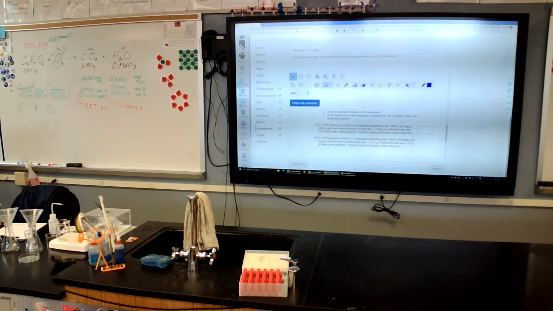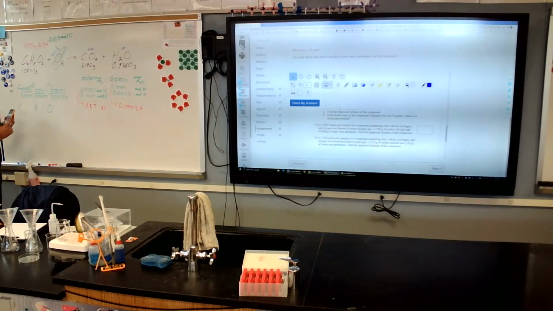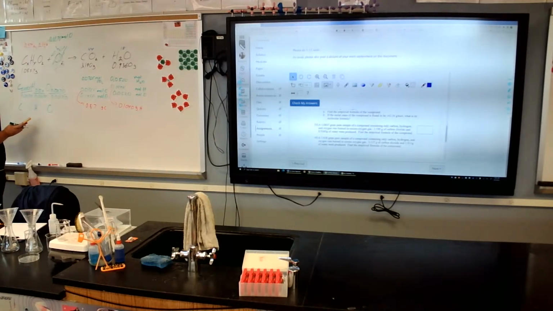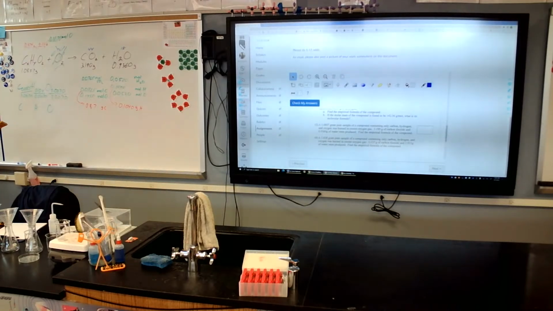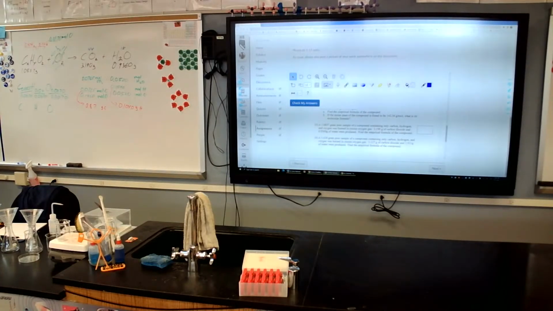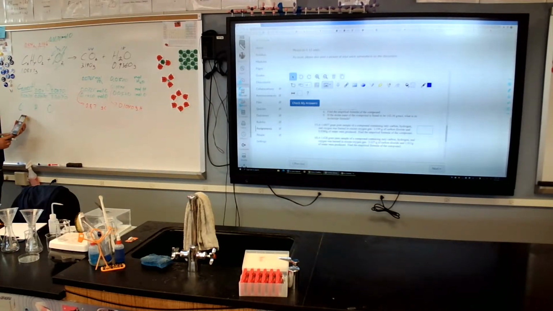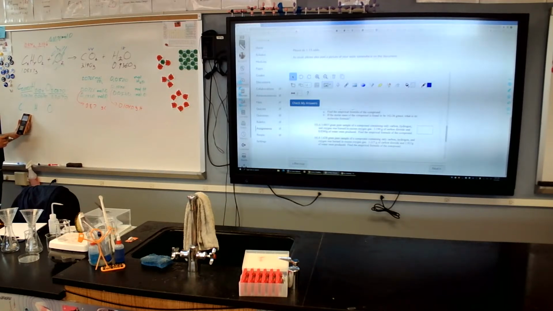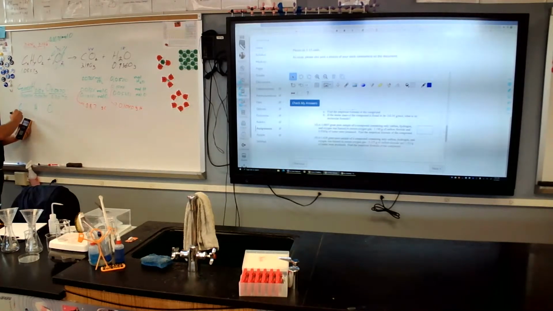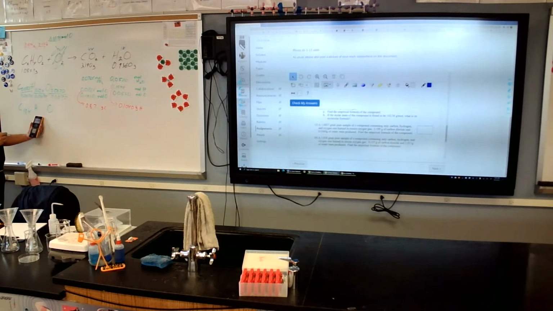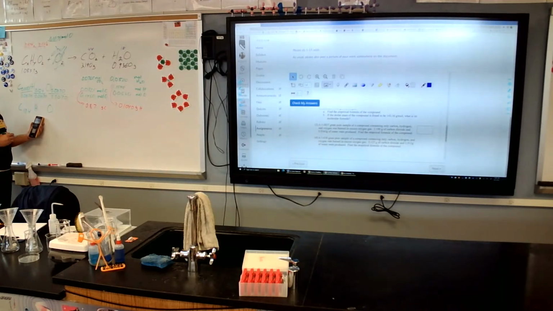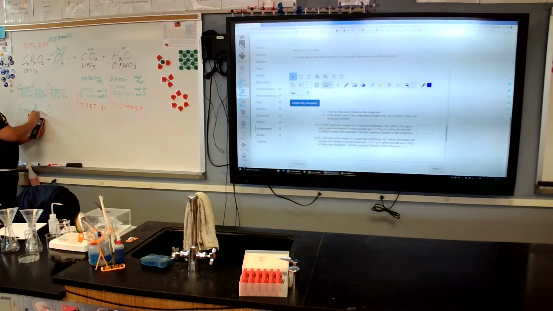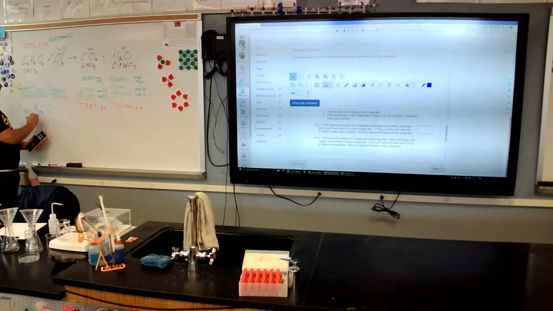So smallest and the biggest, carbon's ratio down here should be what? 10.4 moles. 10.4. Yeah, and then hydrogen? 14.9. And oxygen is just 1.